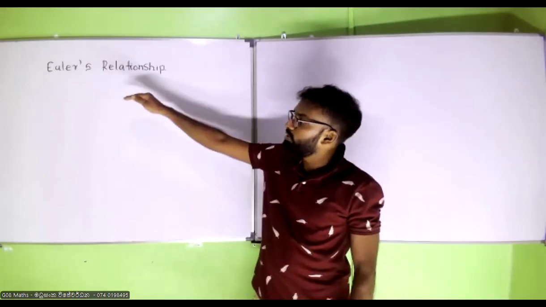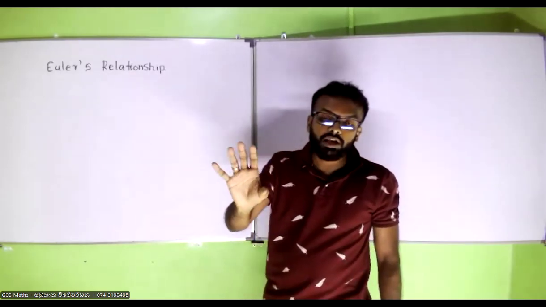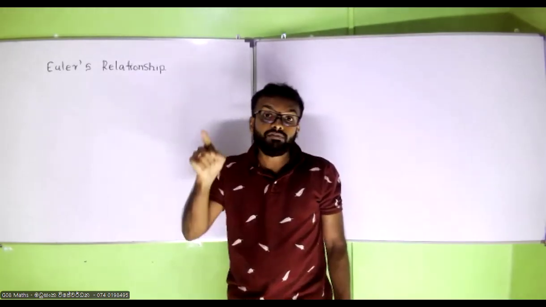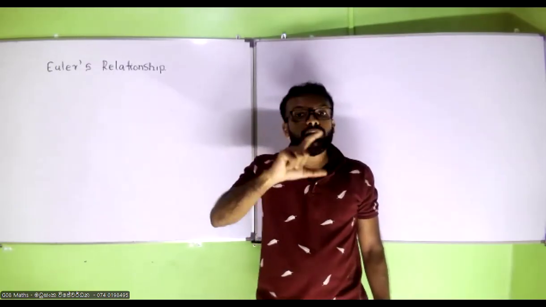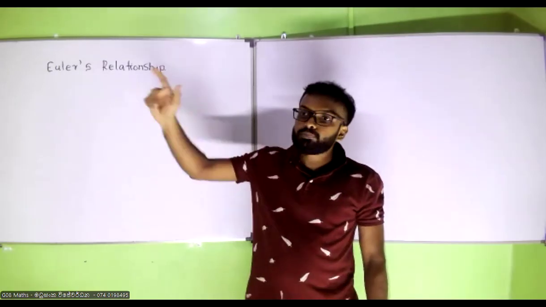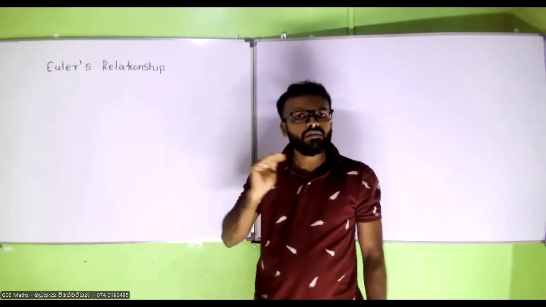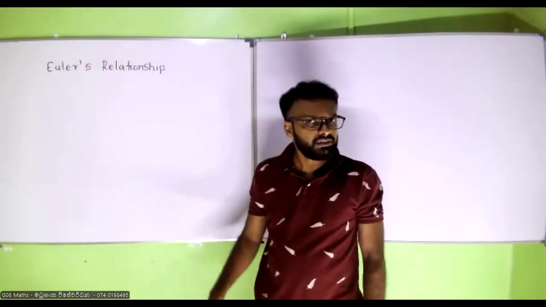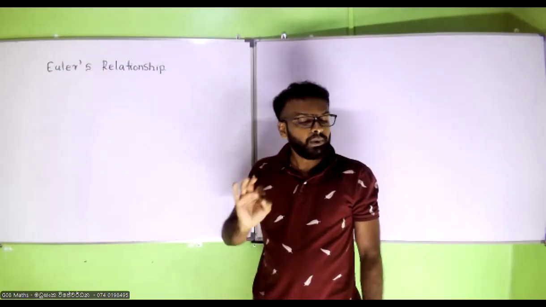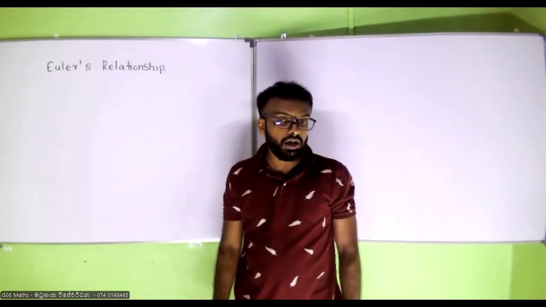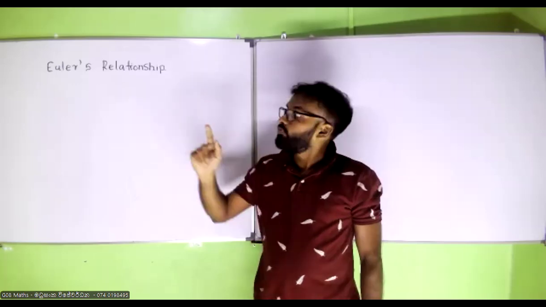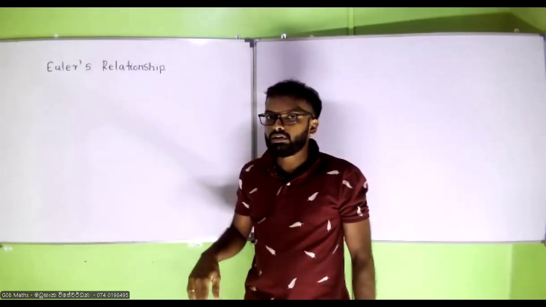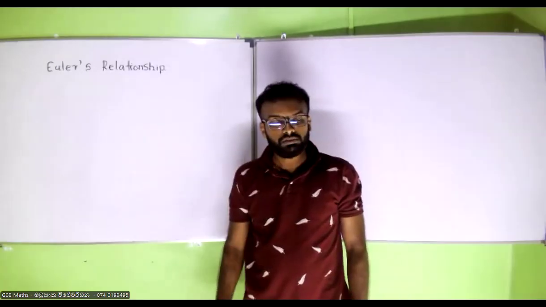Euler is saying that if you take a particular solid and add vertices and faces, it will be equal to edges plus 2. Always it happens, for solids only. Keep that in your mind. Next we are going to prove whether it is correct or wrong.